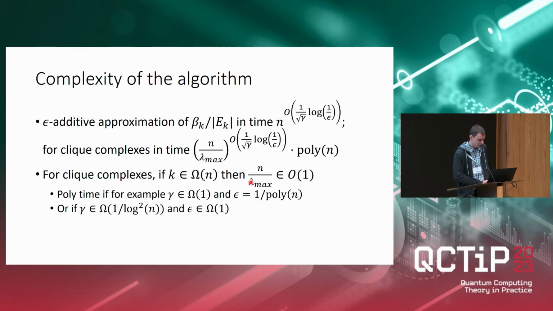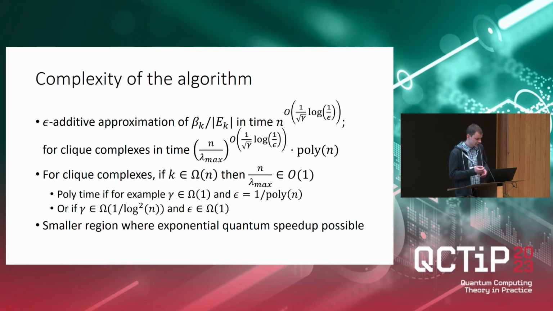So this is going to be a constant. And it means that if, for example, gamma is omega 1, so it's a constant, and epsilon is 1 over poly n, then this whole thing is just going to be a polynomial. Or if epsilon is constant, then gamma can be 1 over log squared n, and then we still get polynomial running time. But even in the general case, if both of them are constant, then we get a polynomial running time.